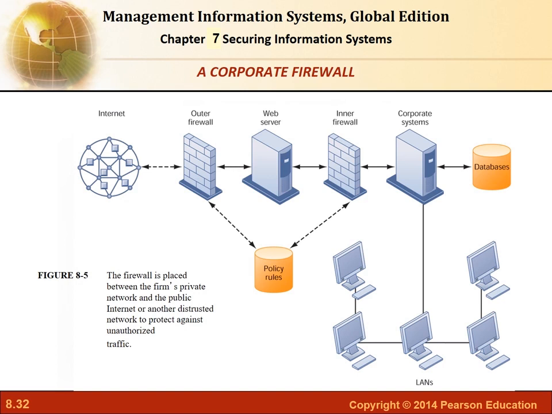The firewall is placed between the firm's private network and the public internet or another distrusted network to protect against unauthorized traffic. Notice that here, a second inner firewall protects the web server from access through the internal network.